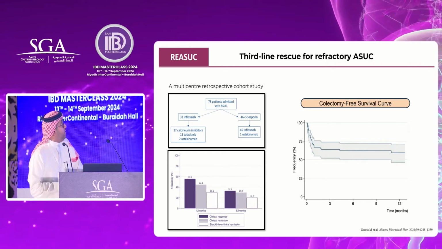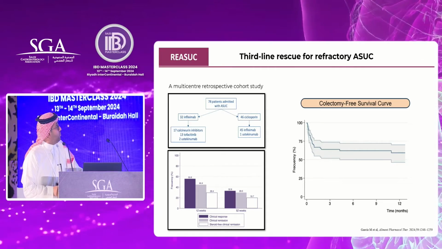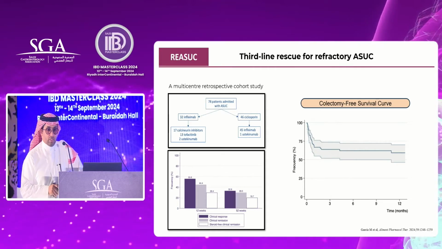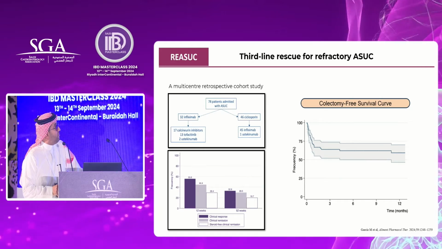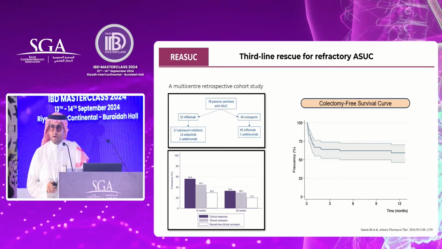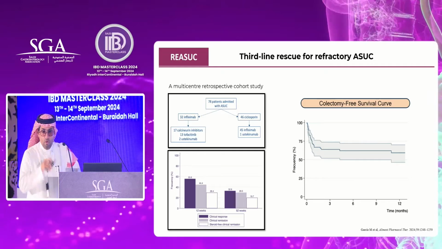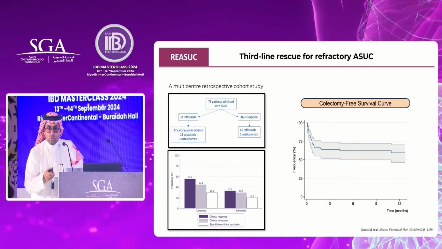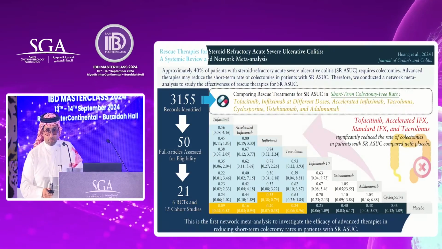In the infliximab group, 17 of them received cyclosporine, 13 tofacitinib, and 2 ustekinumab. In the cyclosporine group, 45 received infliximab and 1 ustekinumab. As we can see here, around 50% of the patients responded clinically, and the colectomy-free survival is also around 50%.